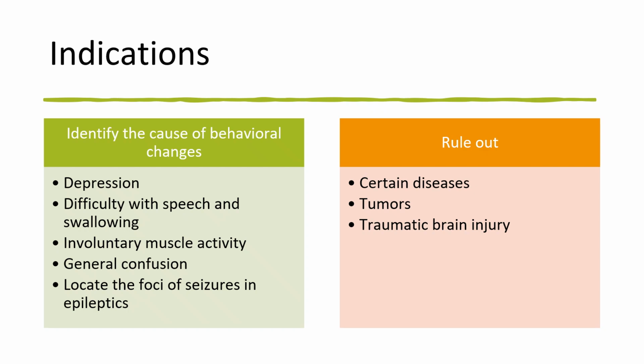And then if they have a seizure disorder and they want to locate the location of the seizures, those are all kind of behavioral indications for doing an FDG brain study. They can also be done to rule out certain diseases, help get a differential diagnosis on things like dementia, evaluate tumors to see if they're primary or metastatic and where they're located, how metabolically active they are, and then also assessing things like traumatic brain injury.